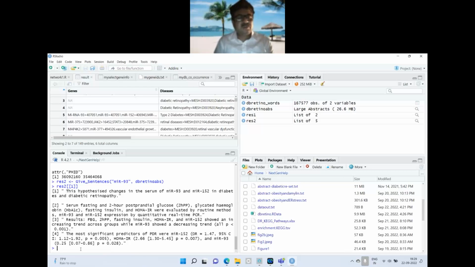So one way to know this is, 2-HPP is this one, 2-hour postprandial glucose. Postprandial, that is after breakfast, and 2 hours after breakfast.